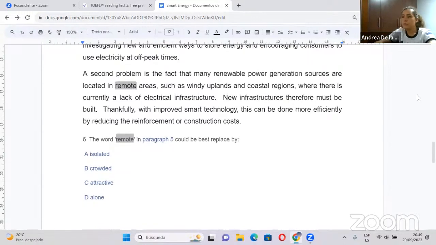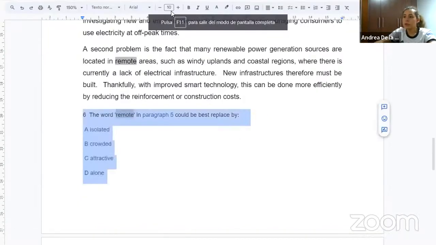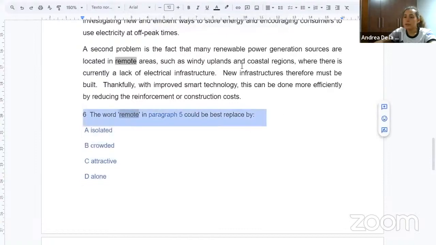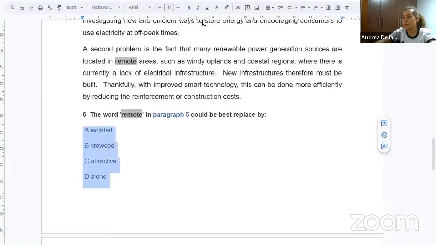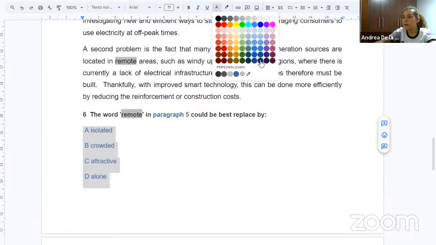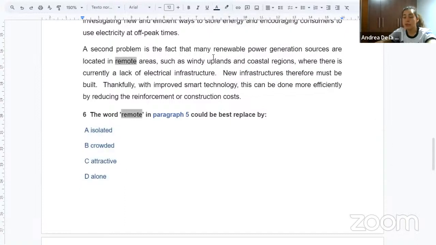Okay, guys, so what we have next is a vocabulary question. And it says, the word remote in paragraph 5 could be best replaced by. So what do you guys think? If you know the word, this will take you 30 seconds or less. If you don't, it can take you up to 1 minute.